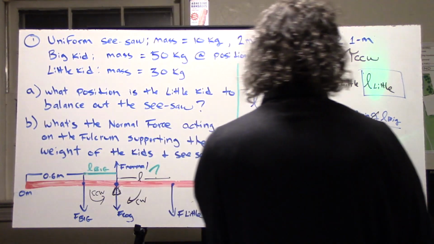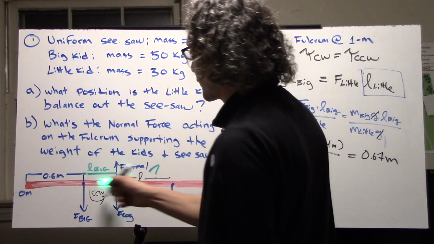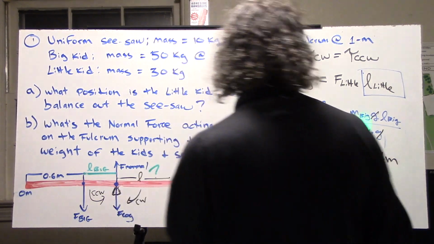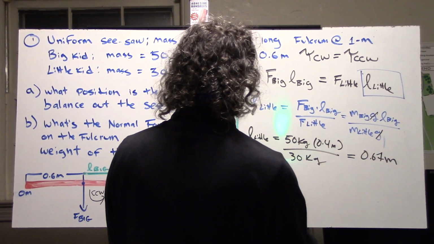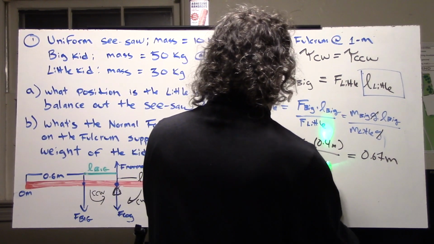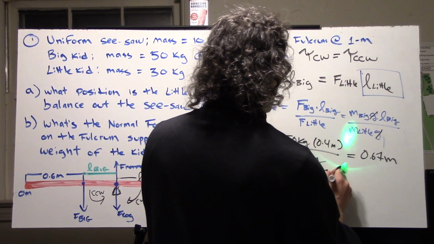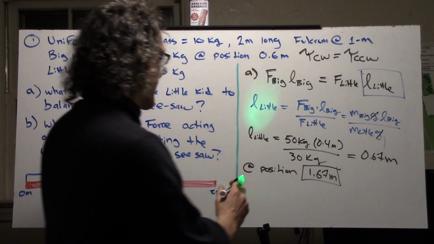So the lever arm distance is 0.67 meters. All right, so that's definitely further than the 0.4 meters, which means that this guy will be at position 1.67 meters, like that. All right, so that's part A.